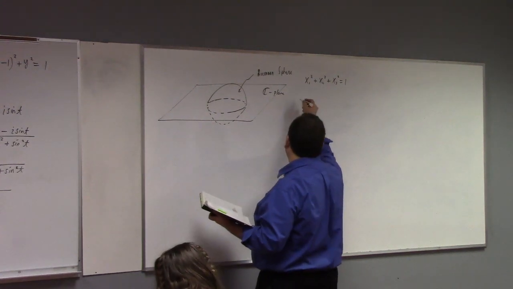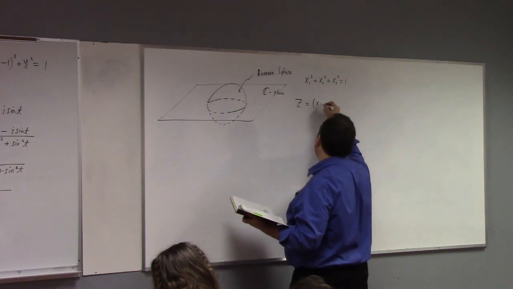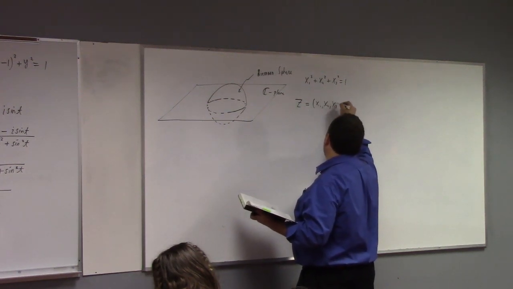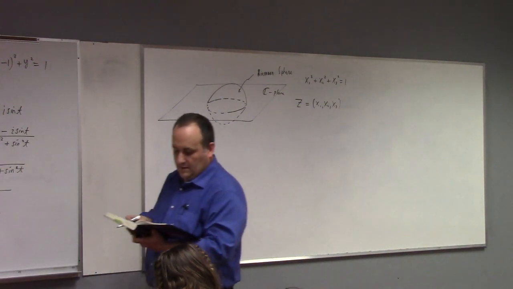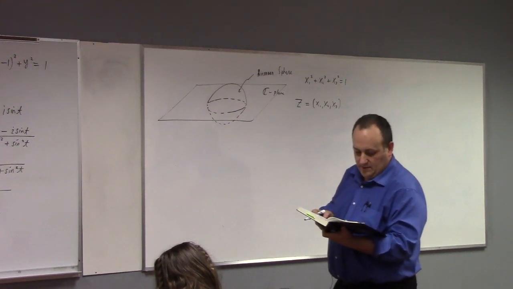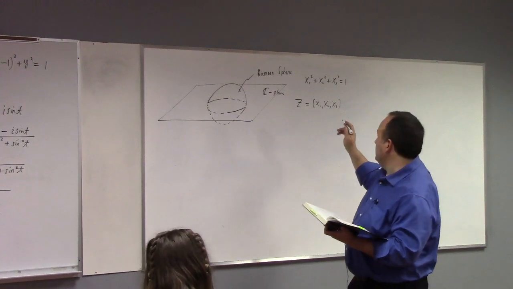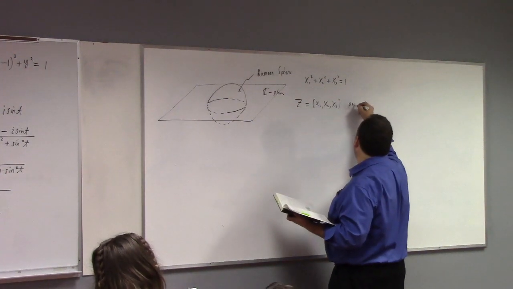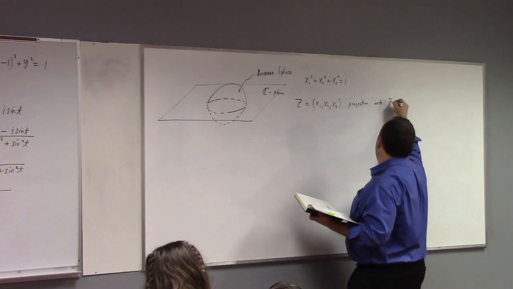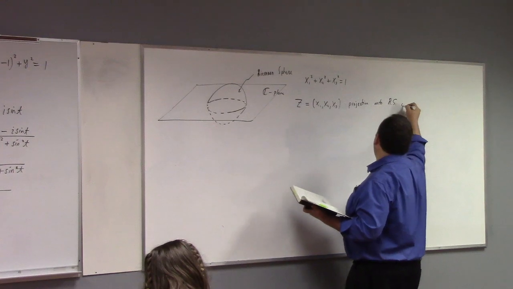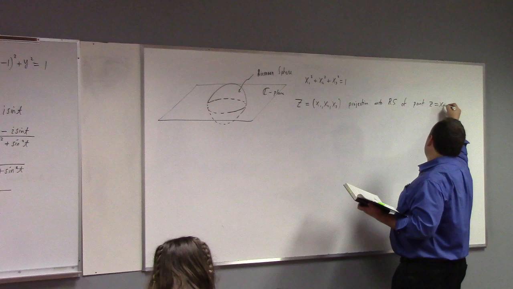His notation says z equal to (x1, x2, x3) on the Riemann sphere is the projection on the Riemann sphere of the point z equals x plus iy.